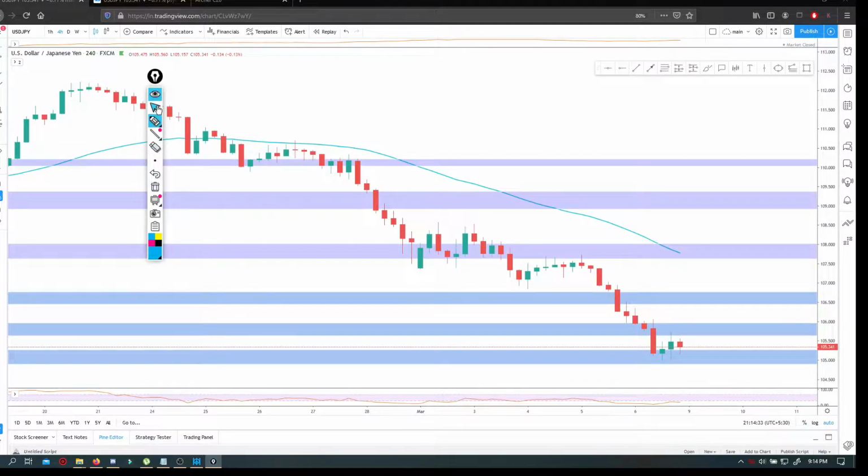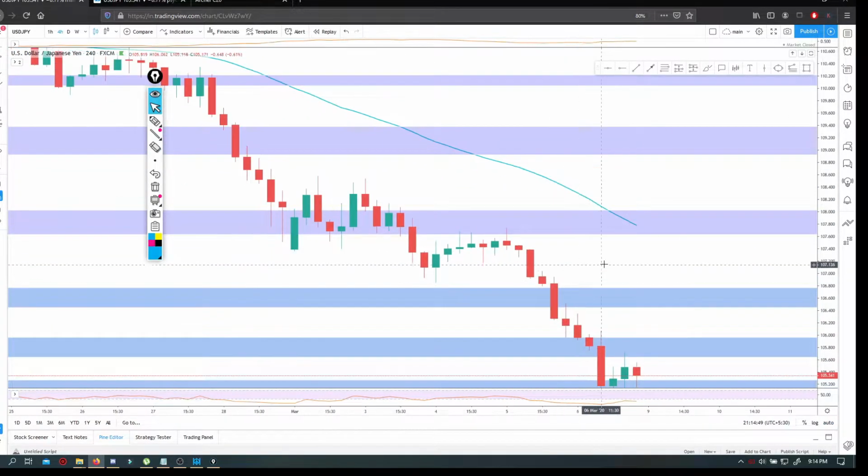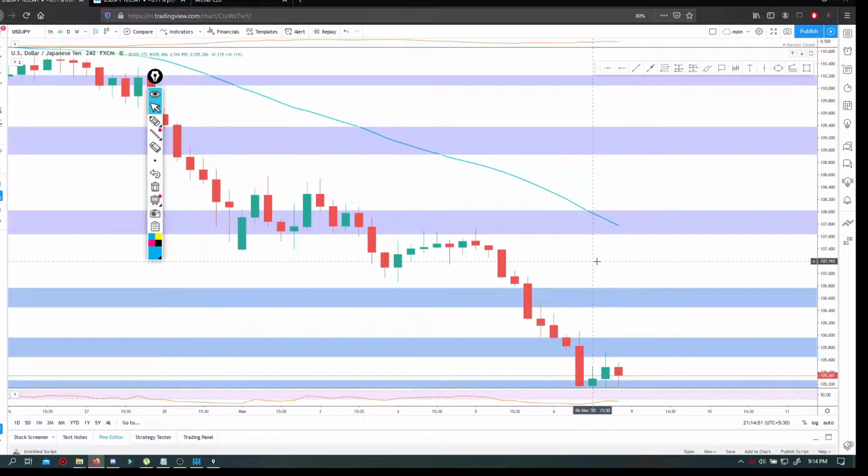And if we see right here, this pair has done exactly that. It has gone down and retested this zone, and it is making a very nice spinning top kind of candle. But the main thing is, I don't trade spinning top candles. I only trade engulfing, double top, double bottom engulfing candles.